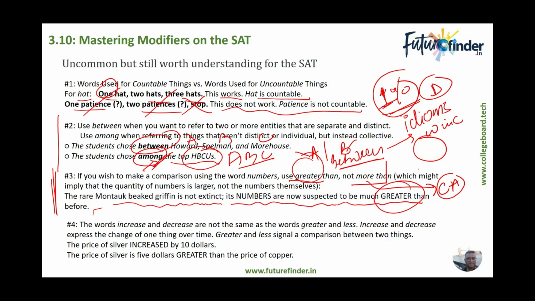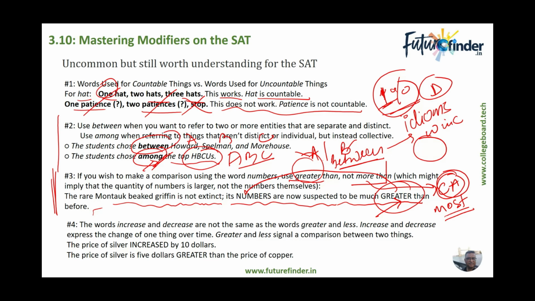More is a comparative adjective, and most is the superlative adjective. You don't use a superlative or comparative adjective because we are referring to numbers. So when you use a number, it has got to be greater and not the comparative form.